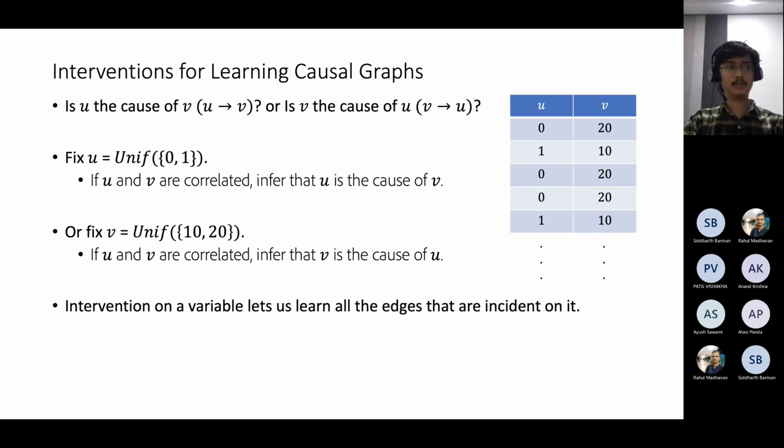Right. If you mean, can we learn a MEC in which each edge is correct with certain probability, then I'm not aware of whether there is some work doing that.